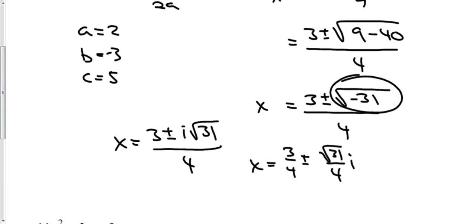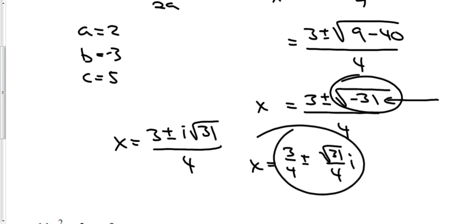Okay? And that is now, first of all, the discriminant, the number underneath the radical, was negative, which means that there were no real solutions, but I still get two solutions. They just happen not to be real.